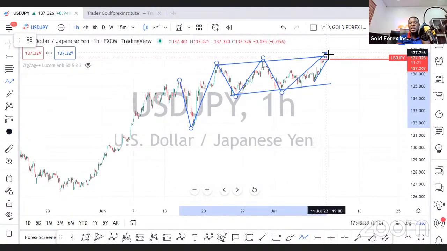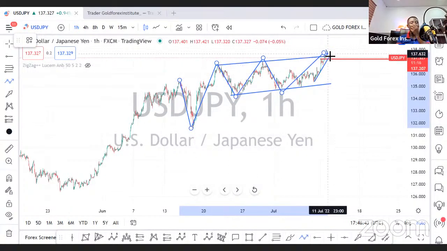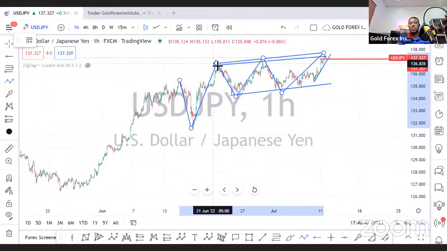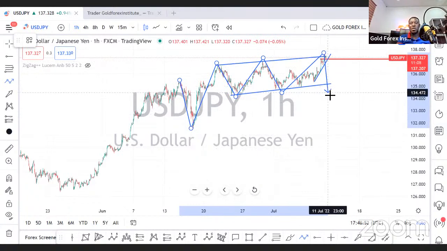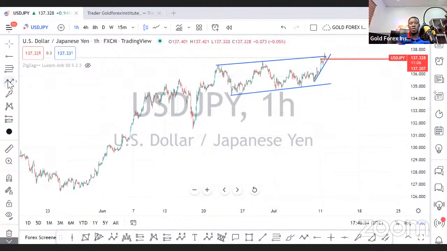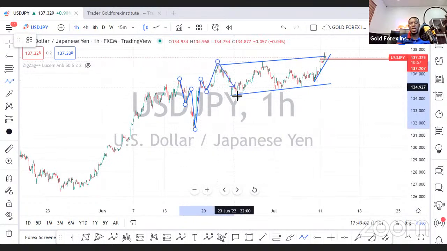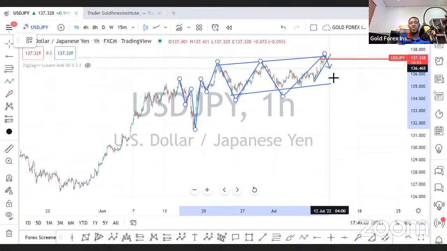Instead of ending here, it formed something like an ending diagonal, then it starts dropping. Or let's look at this: A, B, C, then we have 1, 2, 3, 4, 5, then we can see the up move.